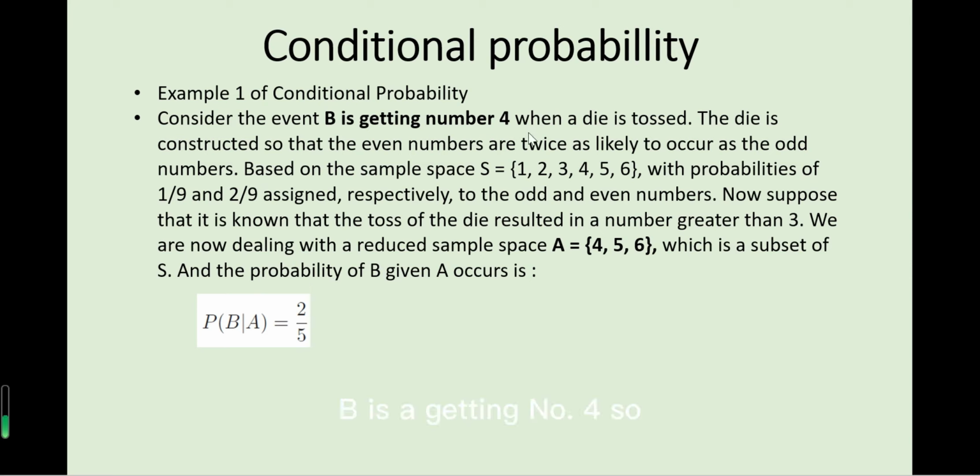B is getting the number 4. Because 4 and 6 each have probability 2/9 and 5 has probability 1/9, from this reduced sample, the probability that 4 occurs is 2/5, right?